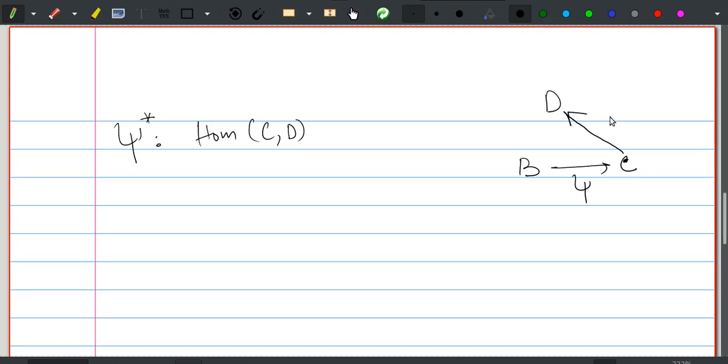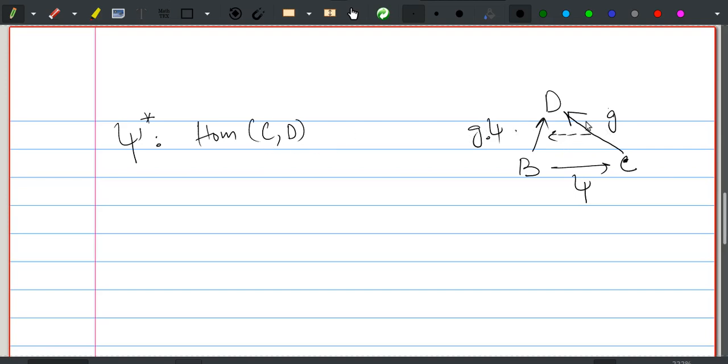So it carries this map G to a map here. This G is carried to this map G psi.